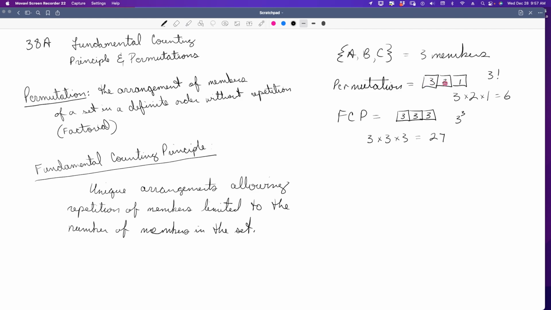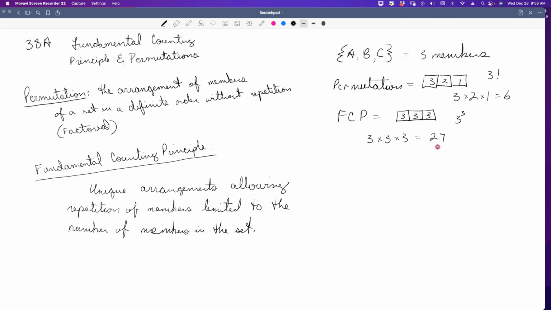So we only have 2 left, right, for the second, and then there's 1 left for the third. And we use the factorial method, using these as factors to give us the total number that is possible. And when we did it previously for A, B, and C, we found there were only 6 possible permutations or arrangements of those members without repetition.